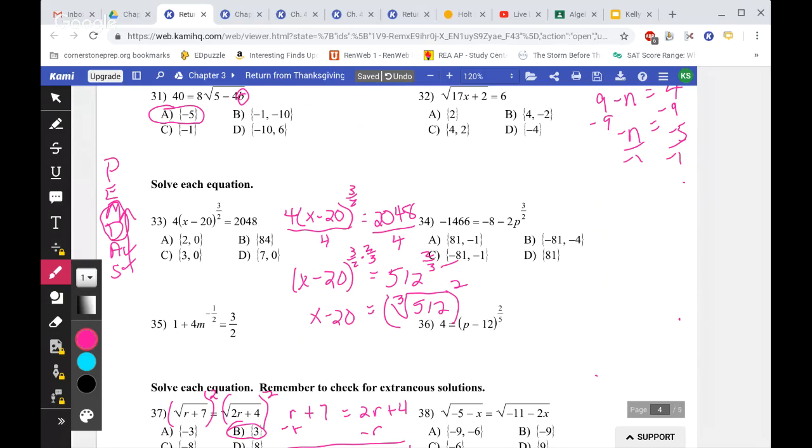And I've done it so many times too. So it really tells me I should know. 8. So this is going to be 8. So the cube root of 5/12 is 8 squared. Okay. So we've got x minus 20 equals 64. Then you're going to add 20 to both sides, and you get x equals 84.